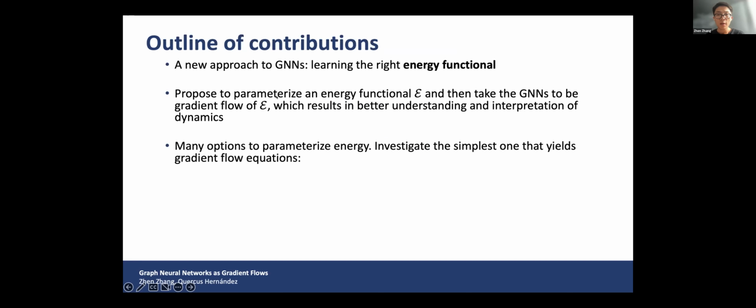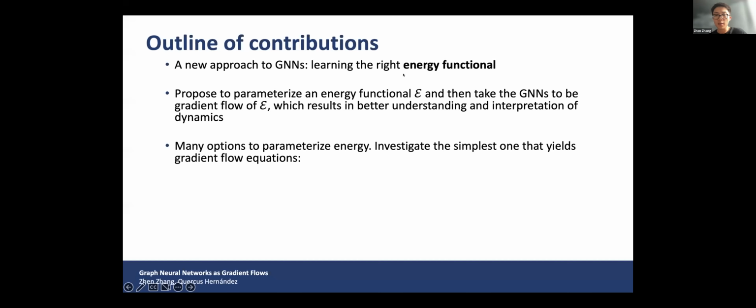So here is the outline of their contributions in the GRAFF paper. Basically, they approach GNNs as learning the right energy functional. For traditional GNNs, as Quercus talked about, you parameterize the right-hand side of the ODE, or you just parameterize the convolution procedure.